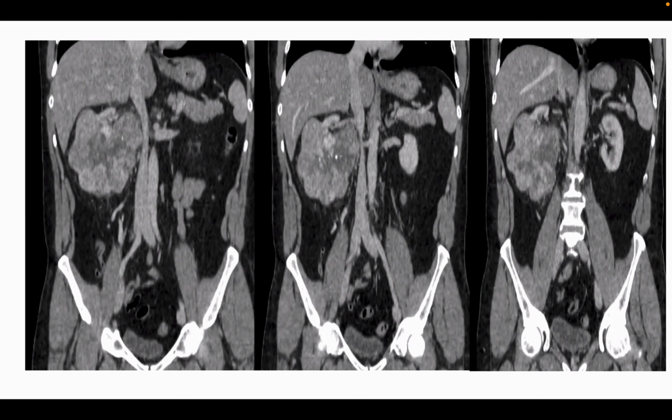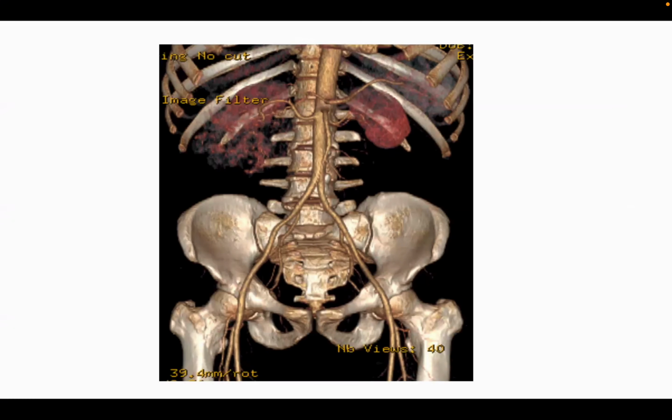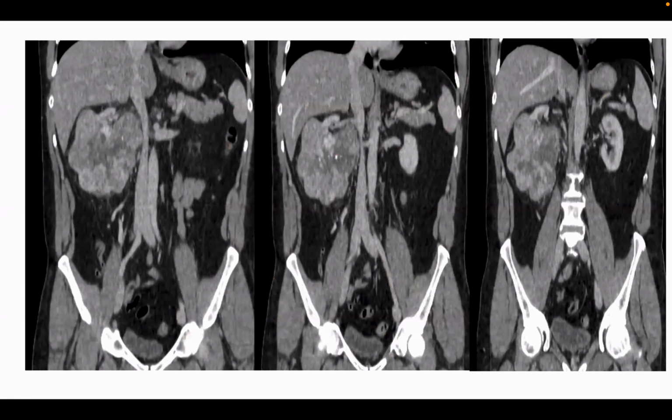No. What percentage is the opposite one absent? Priyanka, in 3% of patients, the adrenal may be absent on the opposite side. Yes. So you have to look for the opposite adrenal when you do your CT scan.